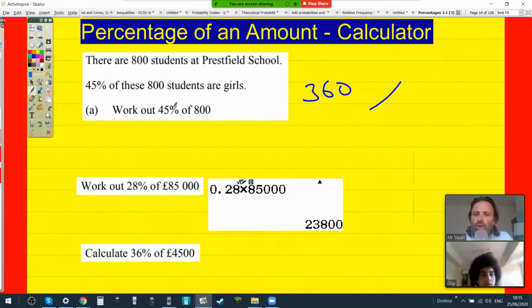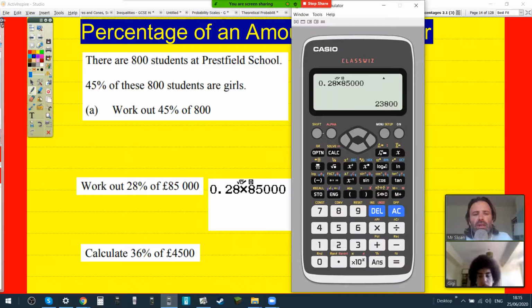So to work out these, you can convert it to a decimal and then times it, or you can also do it directly. So I can delete that, and 28 shift answer is the percent sign. So it's that yellow percent over answer. You can press equals. You might not be able to do that with your phone, but it's the same thing. Any questions with those ones?